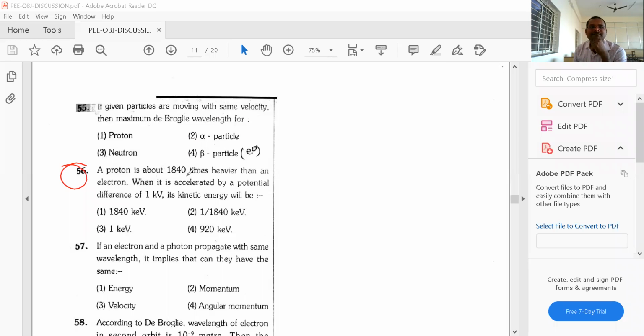Question number 56. A proton is about 1840 times heavier than the electron. Means mass of proton is equal to 1840 times the mass of electron. This is a known factor. Next, a proton is accelerated by a potential difference of 1 kilovolt.